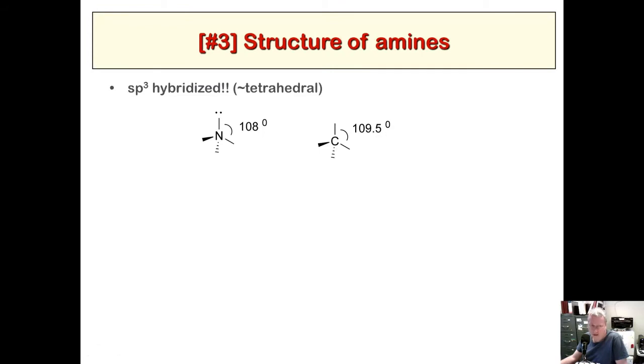Okay, the structure of amines is kind of like the structure of alkanes, for example. Alkanes that are sp3 hybridized have bond angles of about 109.5. That's because you have 4 things around carbon, and they're equally spaced. Nitrogen also has 4 things around it, so it's almost tetrahedral. It's pseudo-tetrahedral, roughly 108 degrees.